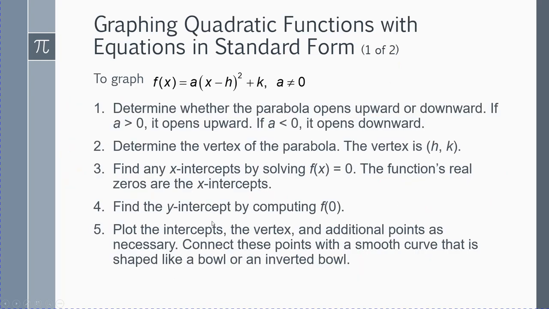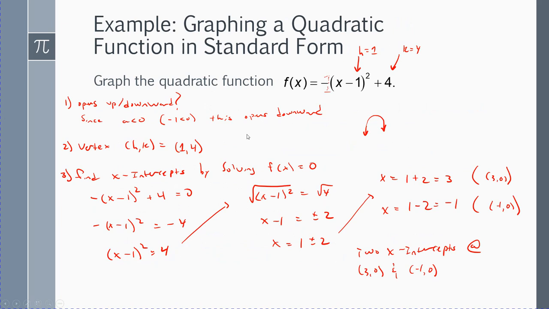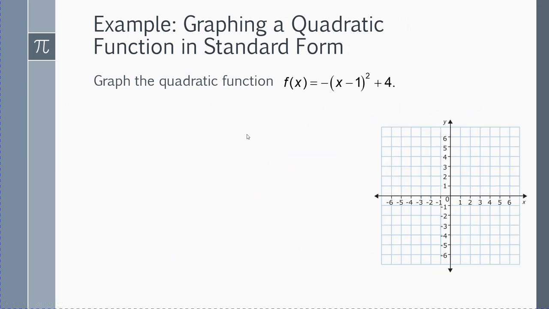So going back, the next thing you're going to do is find the y-intercept. That occurs when x is equal to 0. So find the y-intercept, which is going to occur at (0, f of 0). So I'm going to take 0 and plug this in.